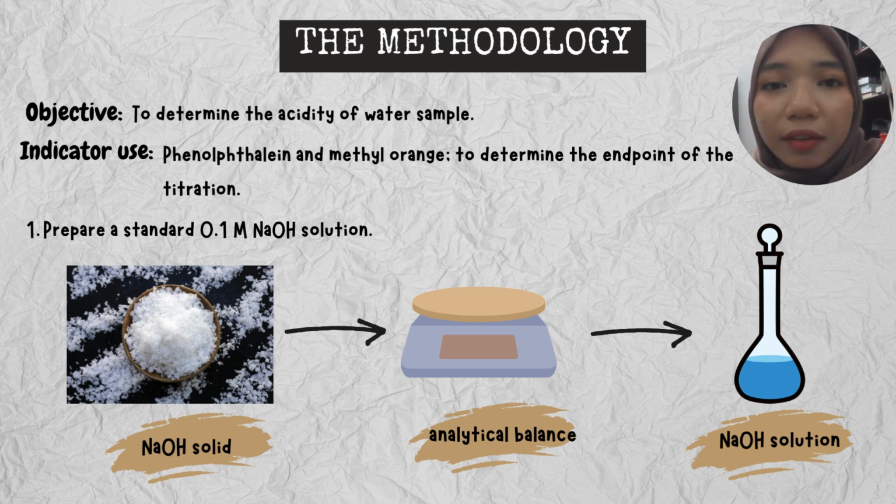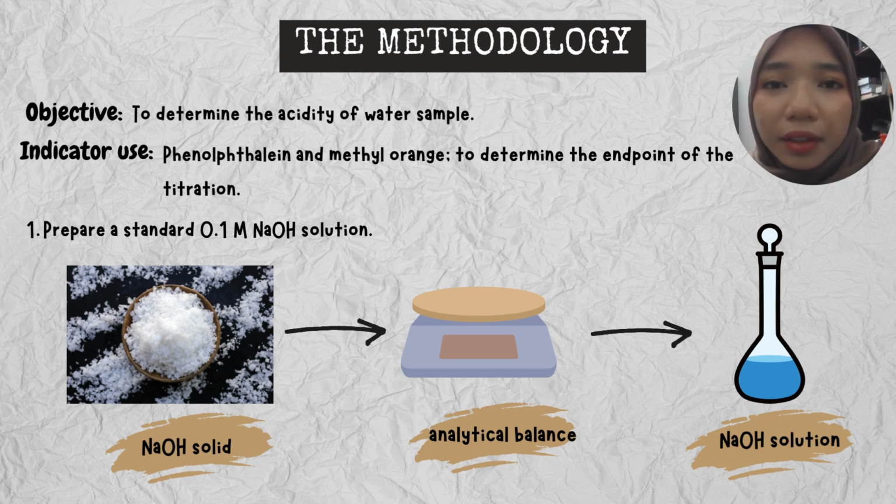The first procedure for this experiment is we need to prepare 0.1 molarity of sodium hydroxide. But before that, we need to know the amount of sodium hydroxide we need to use to prepare this solution.